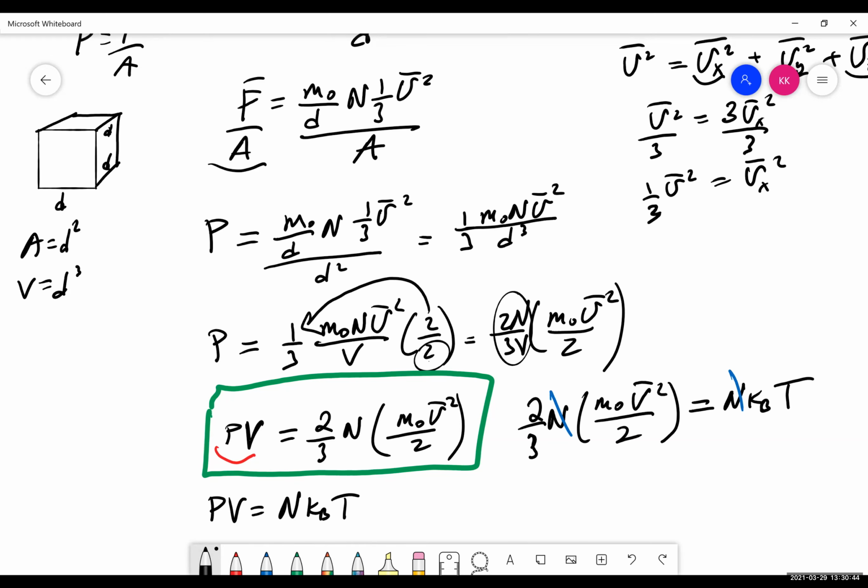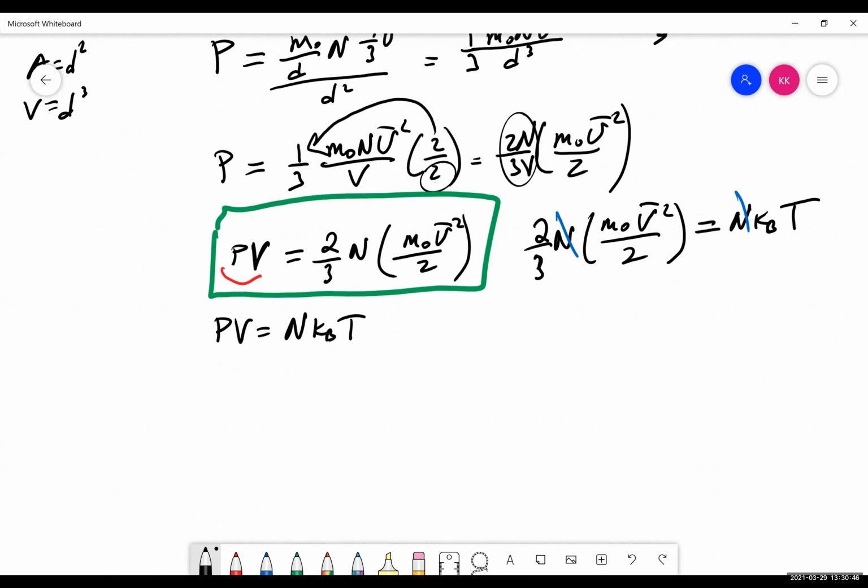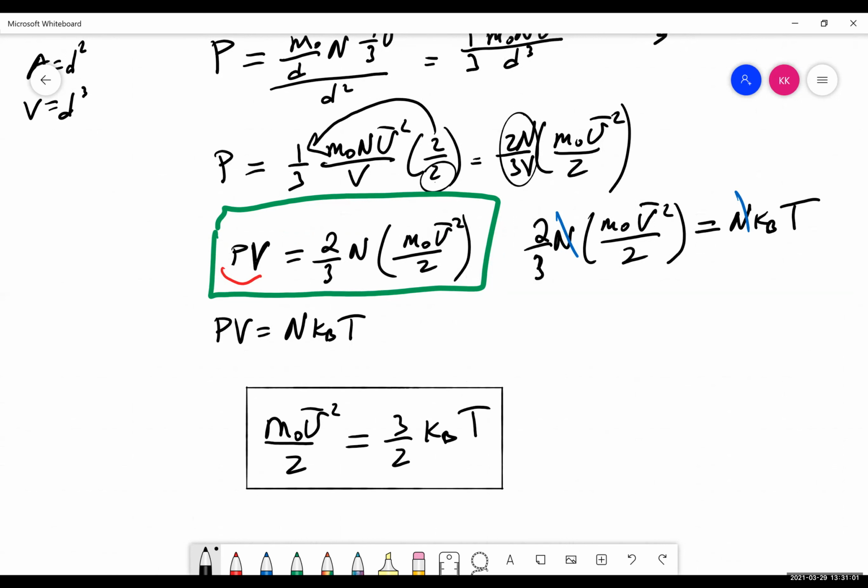And combining those together in such a way, I have that mass times velocity average square over 2 is equal to 3/2 times KB times T, which is then the equation that tells you what the temperature technically is. Remember, 3/2 KB is nothing but a constant.